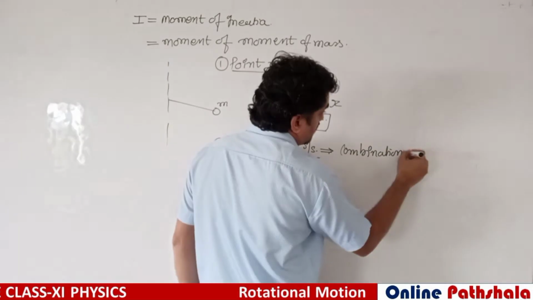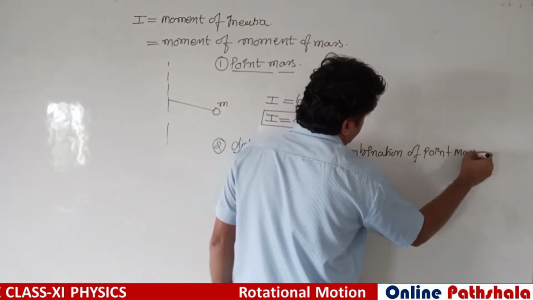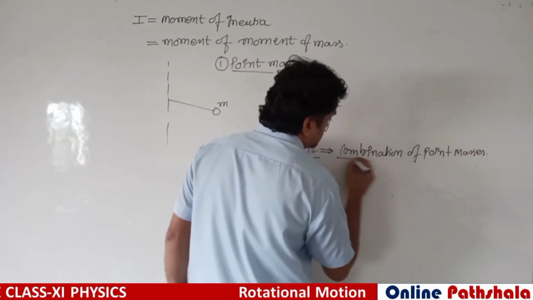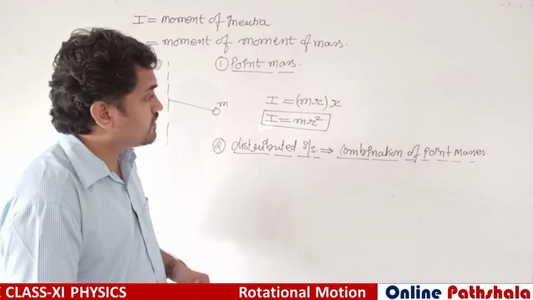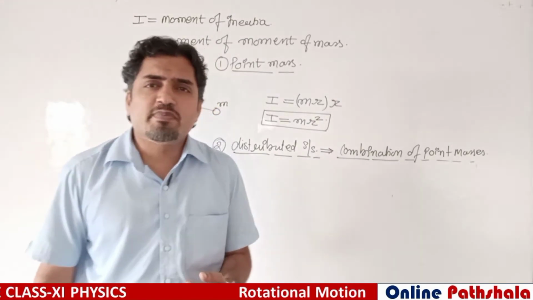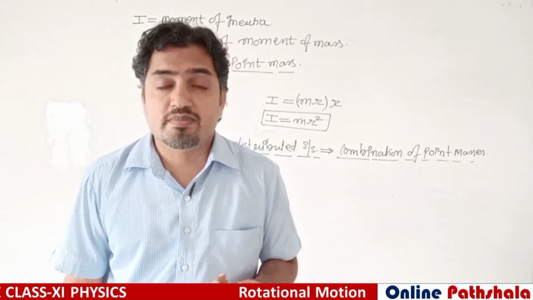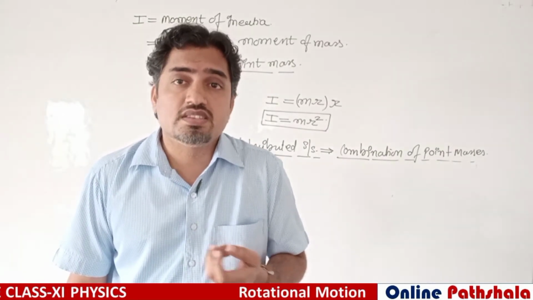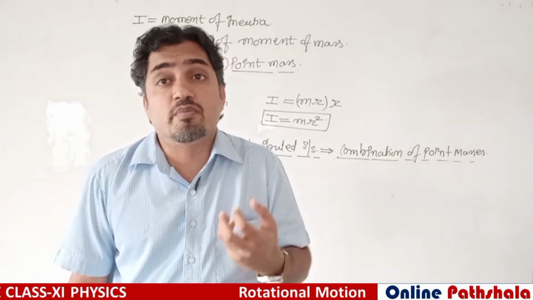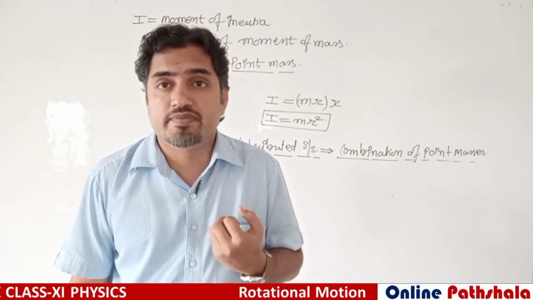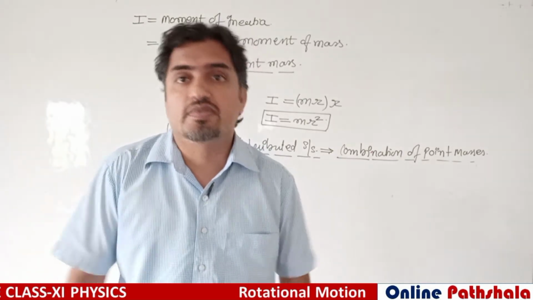Let us consider all the planets as point masses, because the distance of all planets from the sun is very large compared to the radius of the planet. So we can consider them as points if we are talking about the solar system.